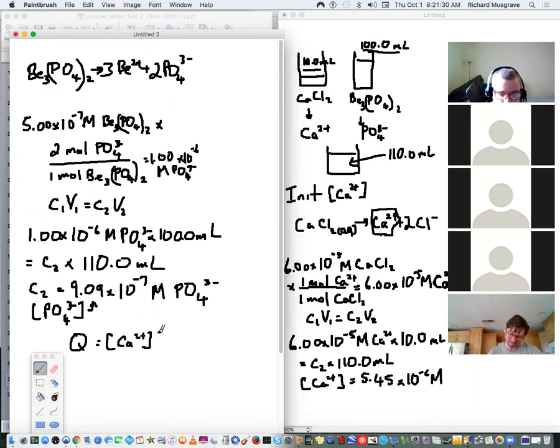Remember, you're given that equation. You don't have to figure that out. So that's where I'm getting the cubed and the squared from. Now, what values do I put in here? Well, the values I just calculated.